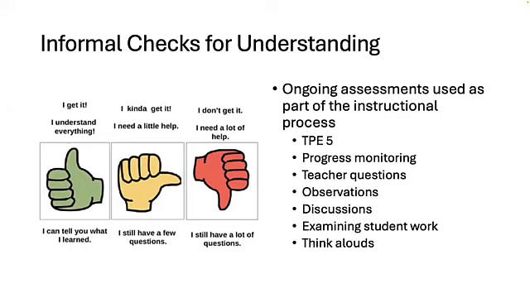You're observing, you are listening in on student discussion to see if they're using the academic vocabulary correctly, to see if they're clarifying things for each other, to see if they're working well with one another, examining student work as well, and think alouds. So the informal checks for understanding includes everything after TPE 5.